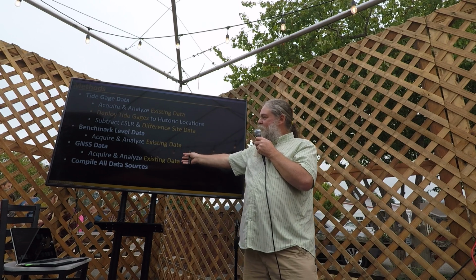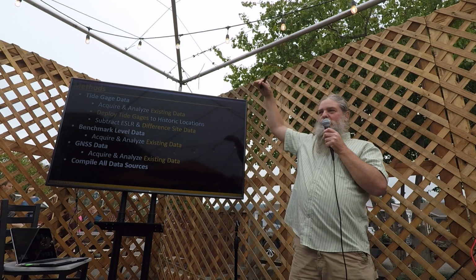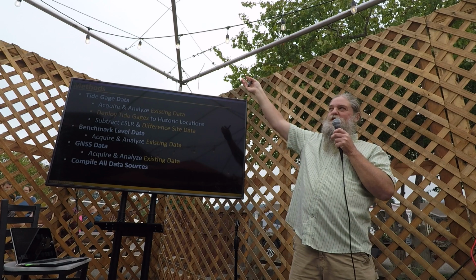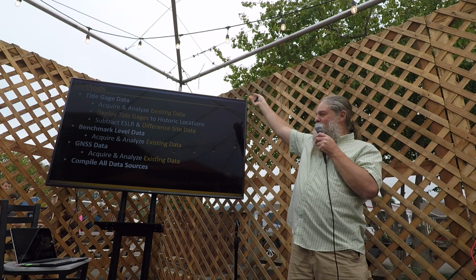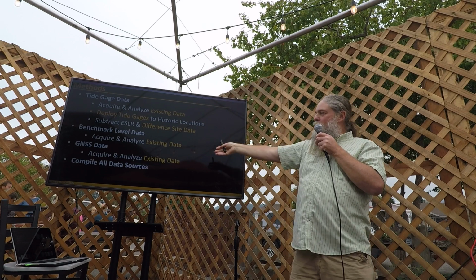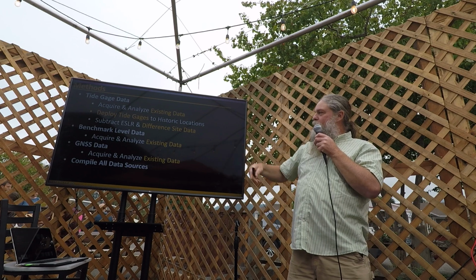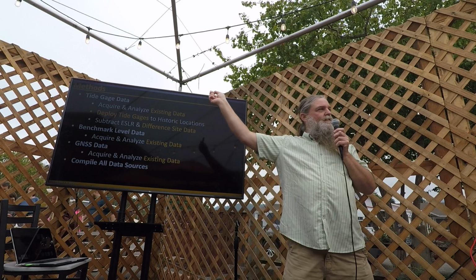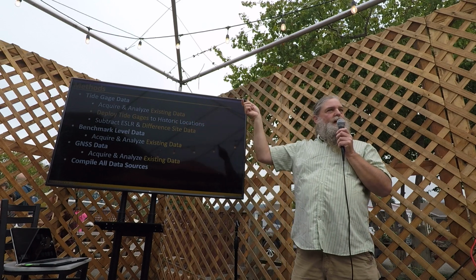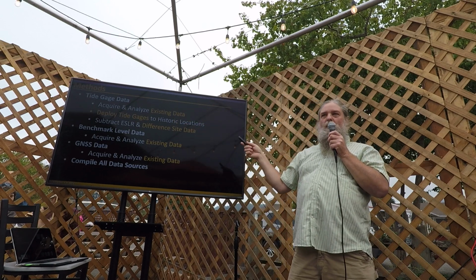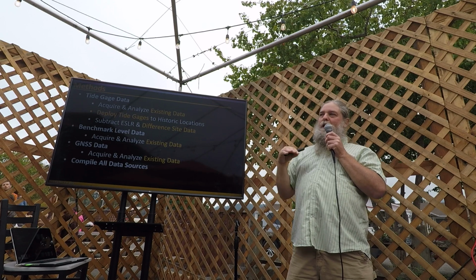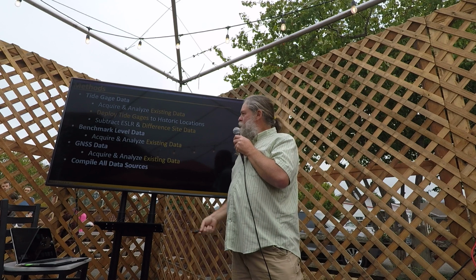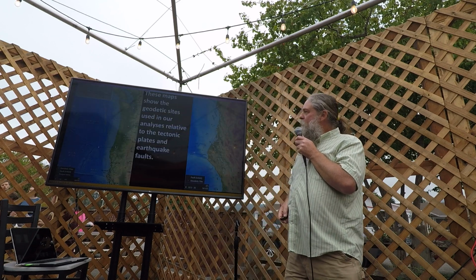And then GNSS, those give you high precision positions, and those are basically about 20 years worth of data. And as I mentioned, the Crescent City tide gauge goes back to 1933, but all the other locations like North Spit and Mad River Slough only go back to about 1977, 1978. So some of these data overlap and some don't.